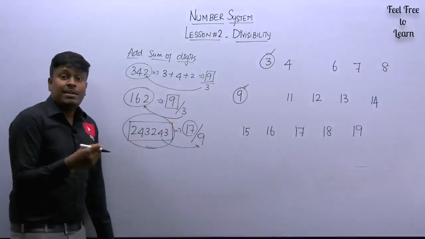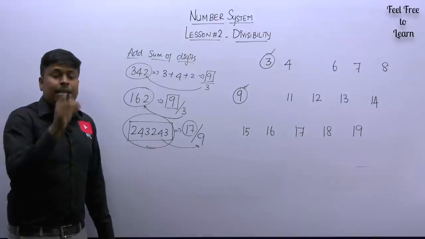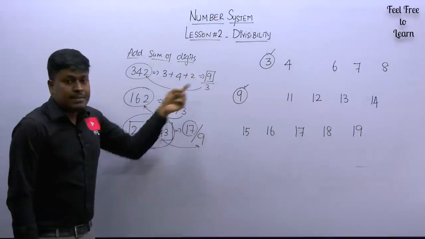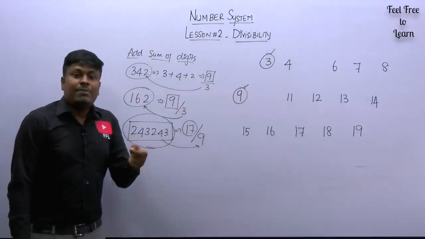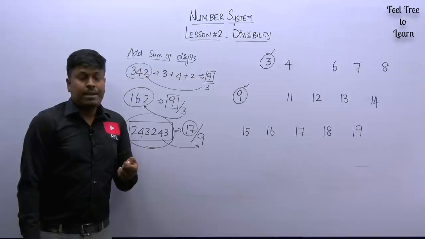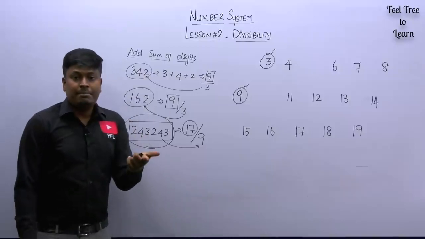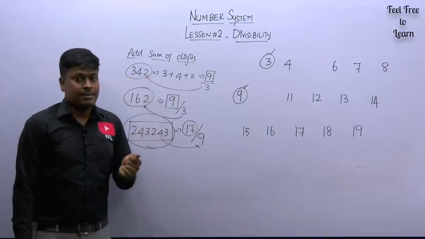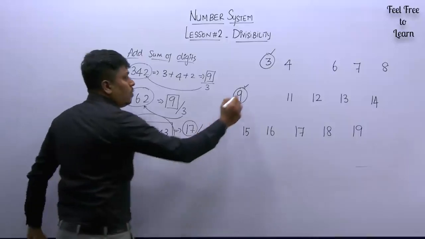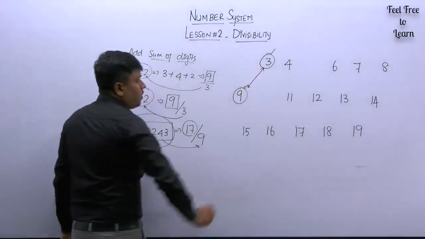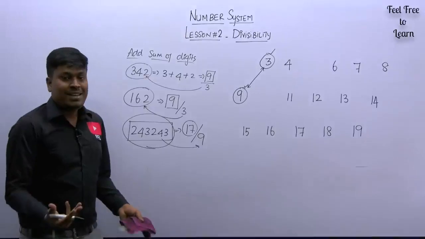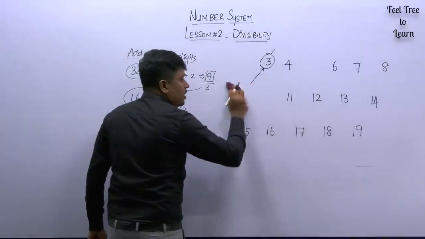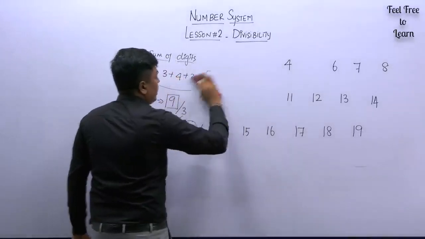So you can say that a number is divisible by 3 or 9 if, after adding all the digits, the final sum is divisible by 3 or by 9. This is called the divisibility rule of 3 and the divisibility rule of 9. Easy or not? It's very easy, right? So now we have learnt the divisibility rule for another two numbers, 3 as well as 9.